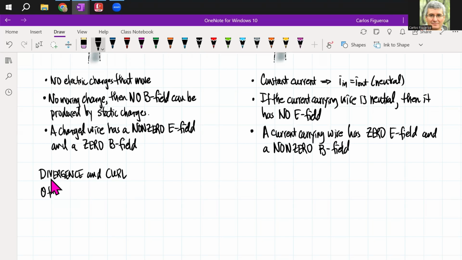So other major differences is the behavior of the field lines.